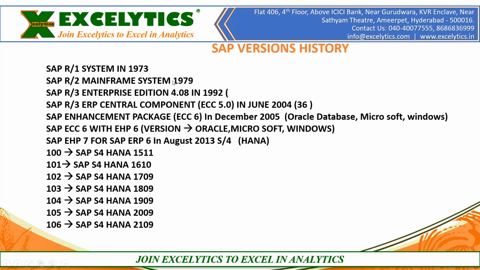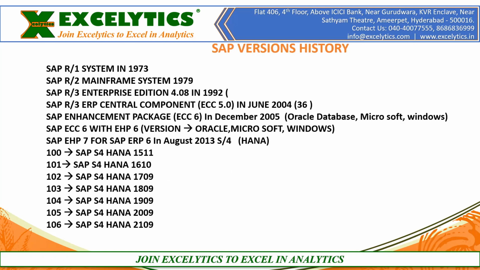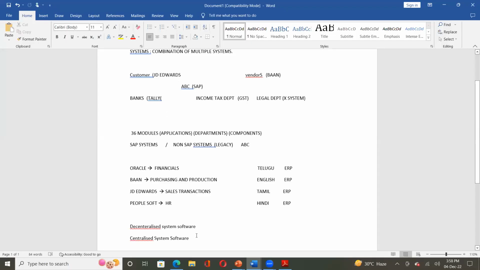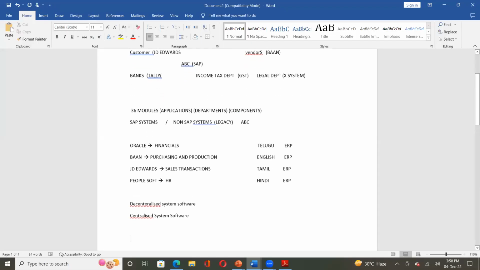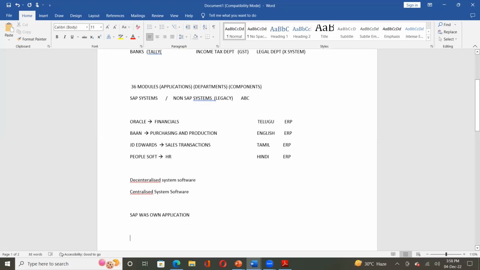See, SAP started in the year 1973. Now we are in 2022 or 2023. As I said, from 1972 and 73 onwards, SAP was having its own application. But whatever application is there has to be stored somewhere, right?